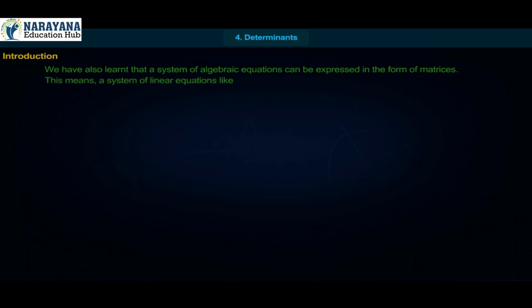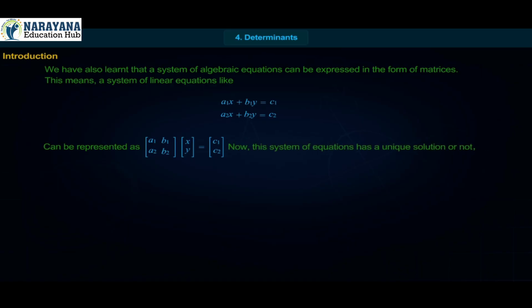This means a system of linear equations like a1x + b1y = c1, a2x + b2y = c2 can be represented as the matrix [a1 b1; a2 b2] into the matrix [x; y] is equal to the matrix [c1; c2].